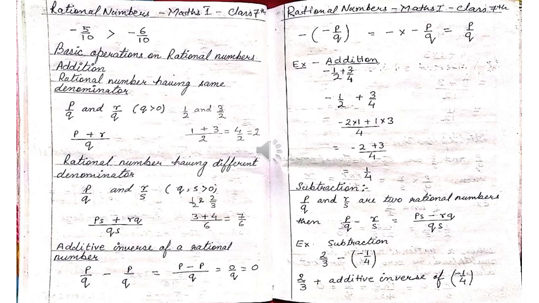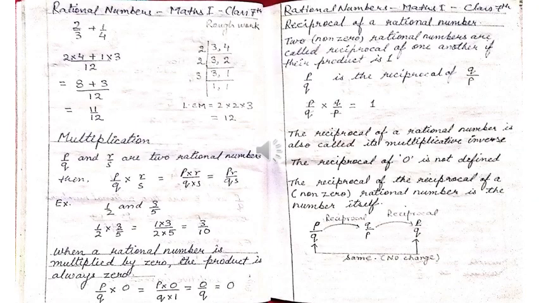We can also write this as 2 upon 3 plus the additive inverse of minus 1 by 4, that will turn into positive only, meaning 2 by 3 plus 1 by 4.